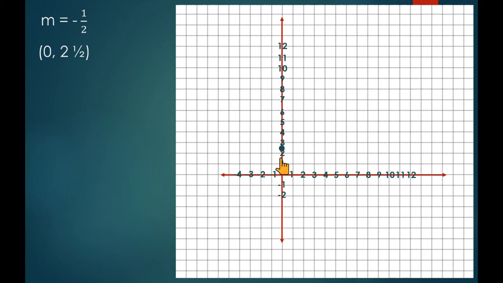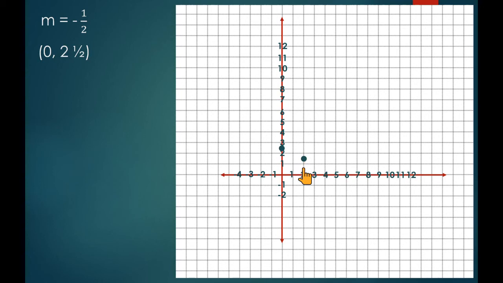Then, yun yung fall. Ang run natin ay 2. Dahil nag-fall na, di na natin kailangang pumunta sa left para maging negative kasi negative na nga yung fall. So, magpupunta tayo sa right. 2 units to the right. Charan! And that's our second point.